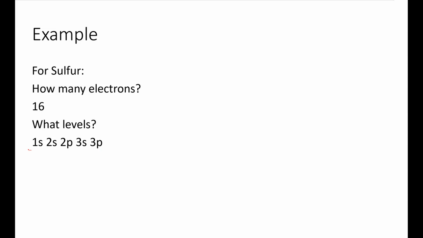So we have 1s, 2s, 2p, 3s, and sulfur is in the p block, so 3p is the last level. So these are the 5 levels that we're going to have, so the orbitals. Now we want to actually look at how many suborbitals are in each and how they're going to fill.